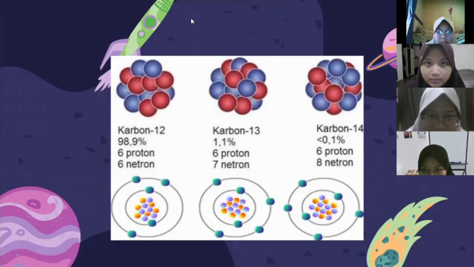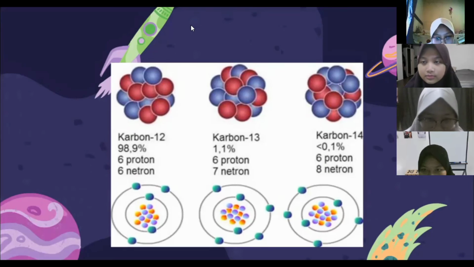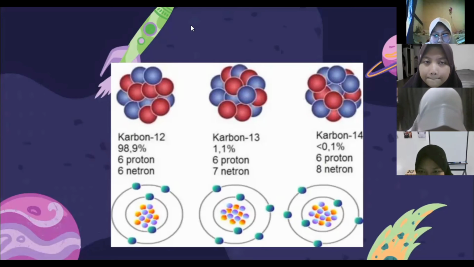Well, it's interesting. I see the protons and neutrons in the core of the atom have different numbers, right? Carbon-12 has 6 protons and 6 neutrons, carbon-13 has 6 protons and 7 neutrons, and carbon-14 has 6 protons and 8 neutrons.